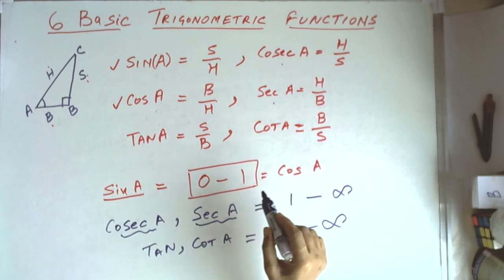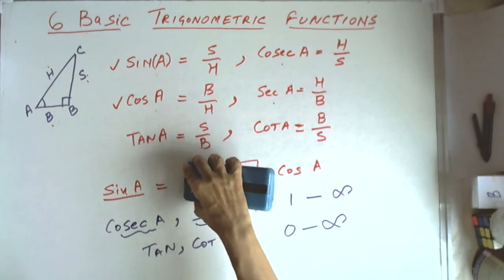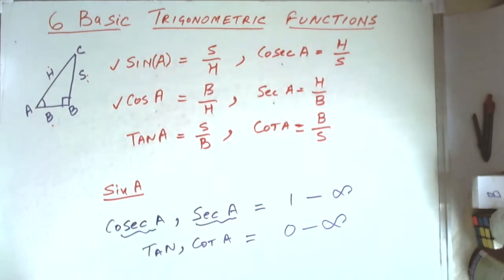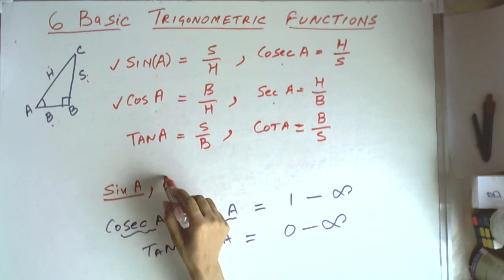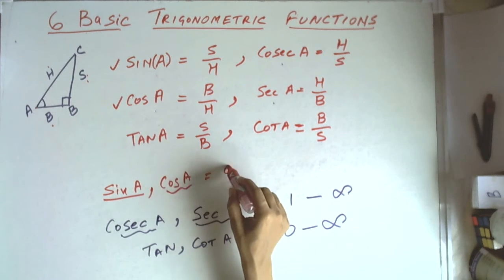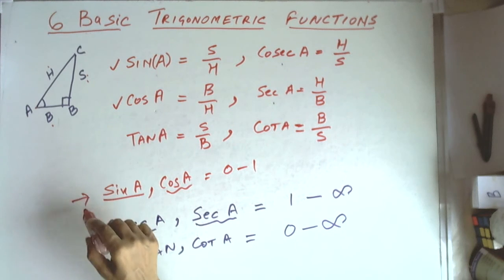So remember that sin A and cos A are between 0 and 1. Don't get confused in the question.